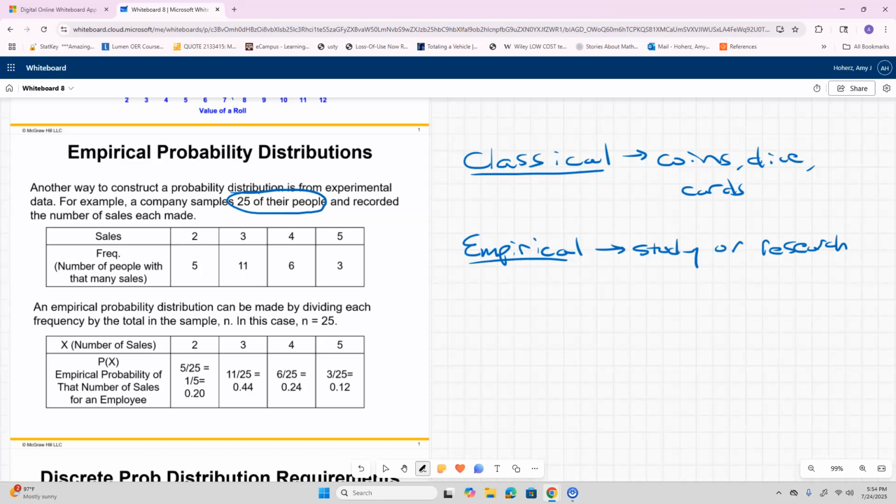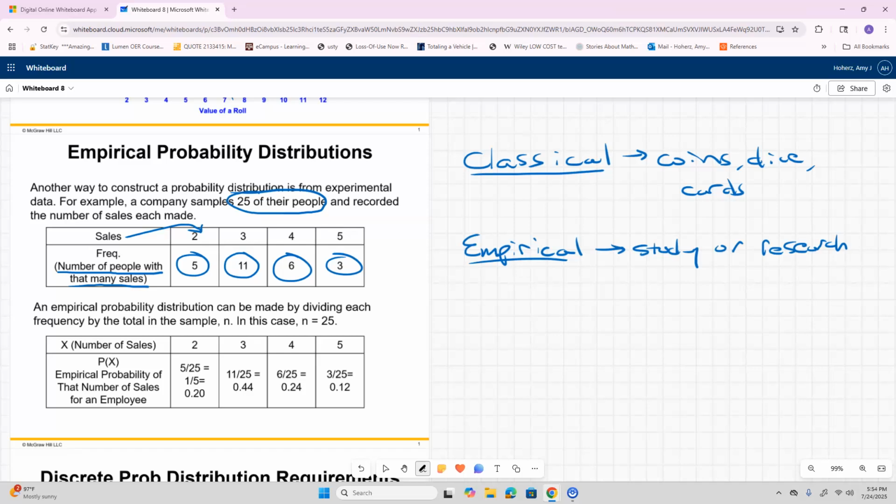So this company recorded how many people got 2 sales, and there were 5 people. 3 sales, there were 11 people. 4 sales, there were 6 people. And 5 sales, there were 3 people. So the most common occurring was sales of 3. There were 11 people that had 3 sales.